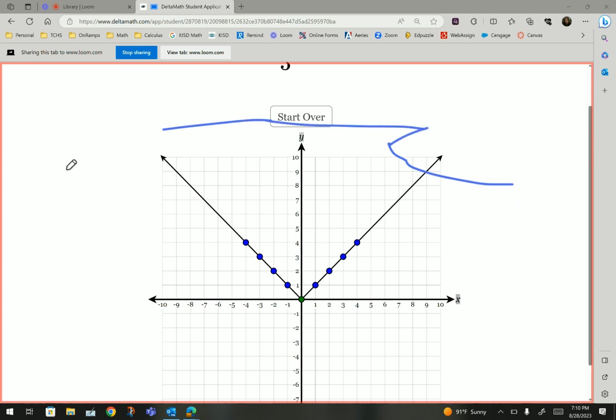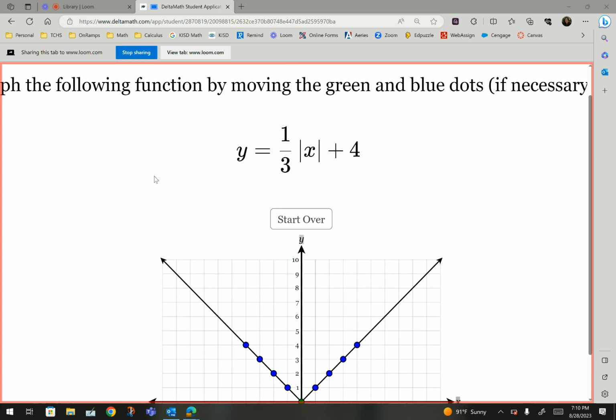Why? Because in your problem, you're multiplying by 1/3, and multiplying by 1/3 means dividing by 3.